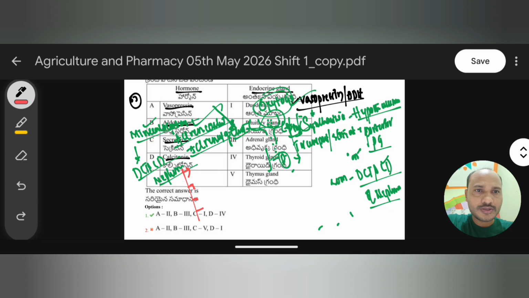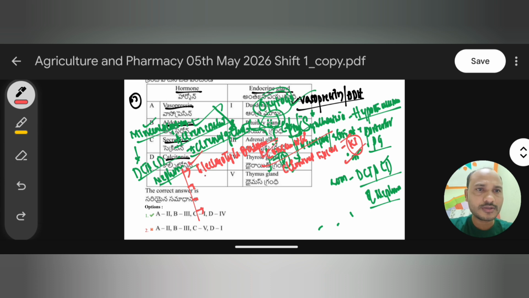Aldosterone plays an important role in different functions. It helps in electrolyte balance, which means it conserves sodium and eliminates the excess potassium. If there is excess potassium in the blood, it is eliminated by aldosterone, and there is a need to conserve sodium.